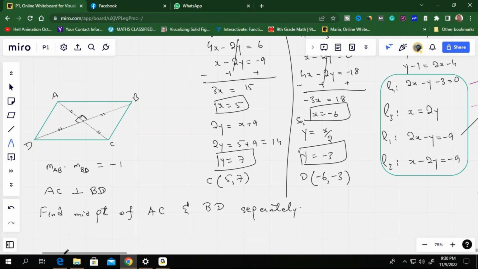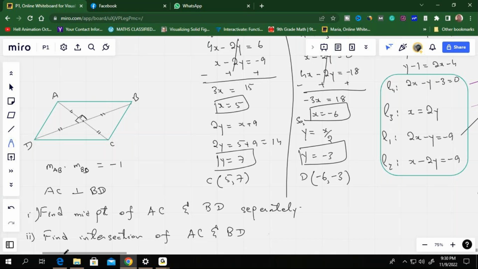Once you do this, after that, in the next step, find out the intersection of the equation of AC and BD.